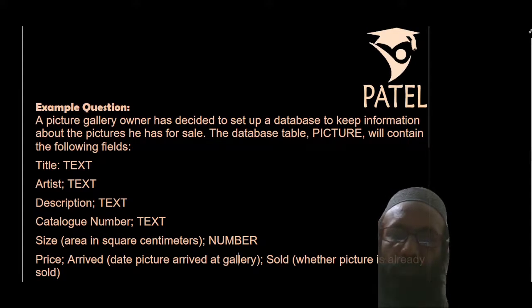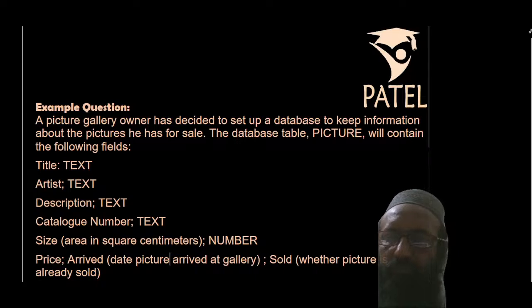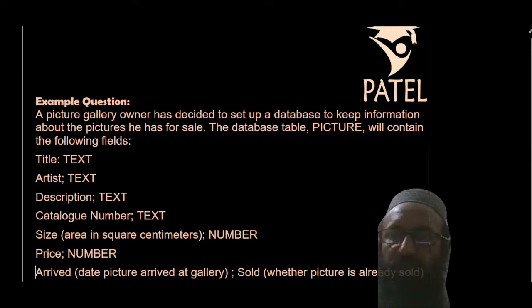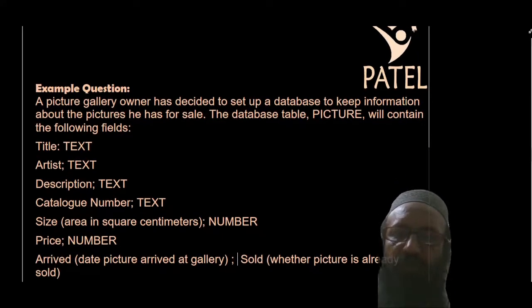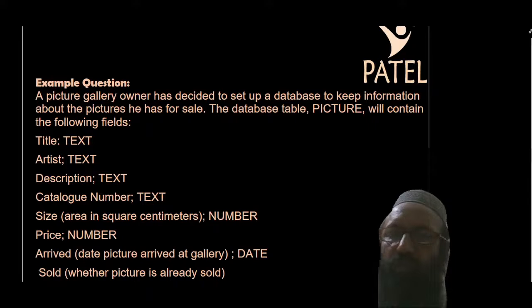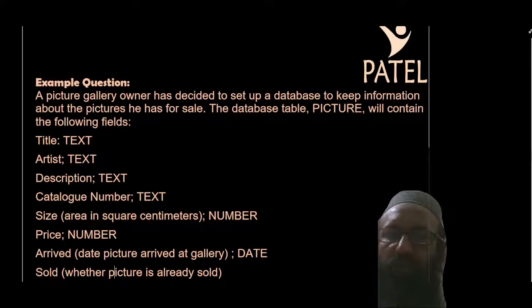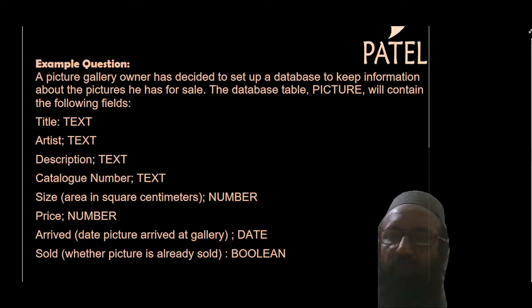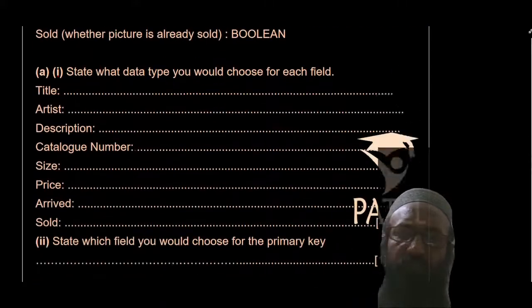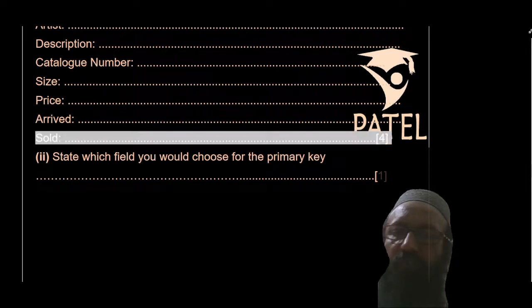Price will also be used in calculation, so it will be number. Date arrived means its data type will be date. Sold, it is already sold or not, so it will be boolean, right beta? So this was a question of 4 marks.